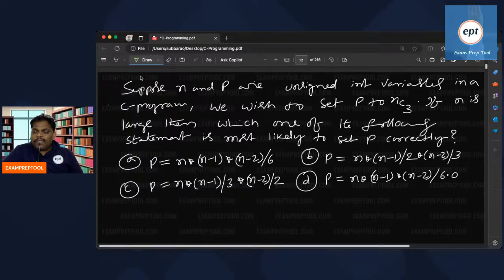Can anyone guess? Samarth, what is the answer for this? Hayden, what are you thinking? Gayatri, what is the answer you are thinking?